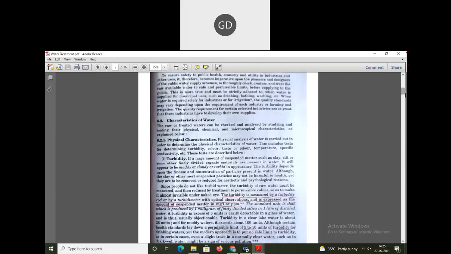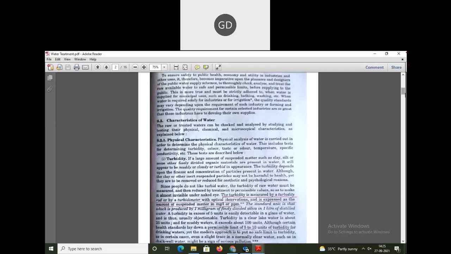What are physical characteristics? The physical characteristics are those which you can see by your naked eye, or feel by touching the water, or taste.